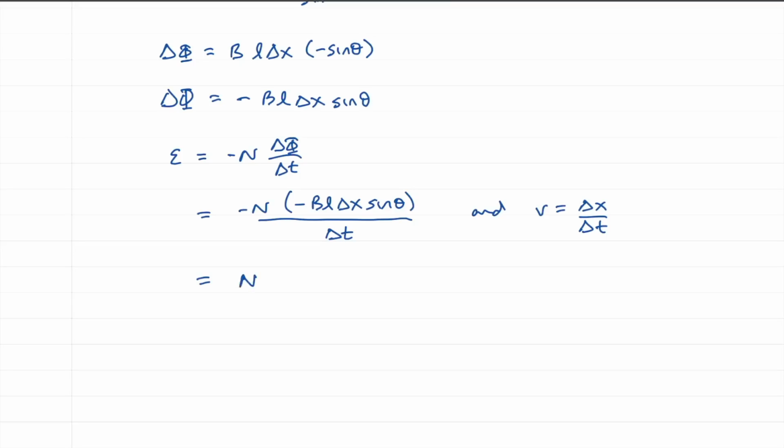So we're going to have an N. We have B. We have L. Delta X over delta T is V. And then we have sine theta. And that was what we needed to show.